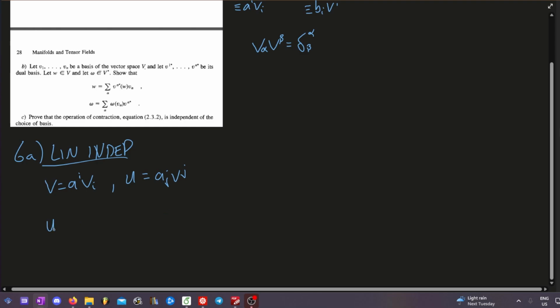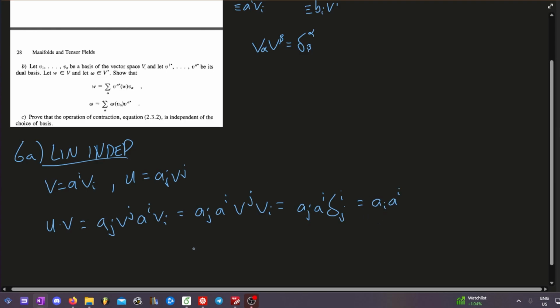So we're going to take an inner product between u and v, and this is going to look like, let's see, a_j v^j a_i v_i equals a_j a_i v^j v_i, and this equals the a's times this delta function as we've defined it up here, so it's going to be delta of j and i now. And this is simply the sum over the i's like that.